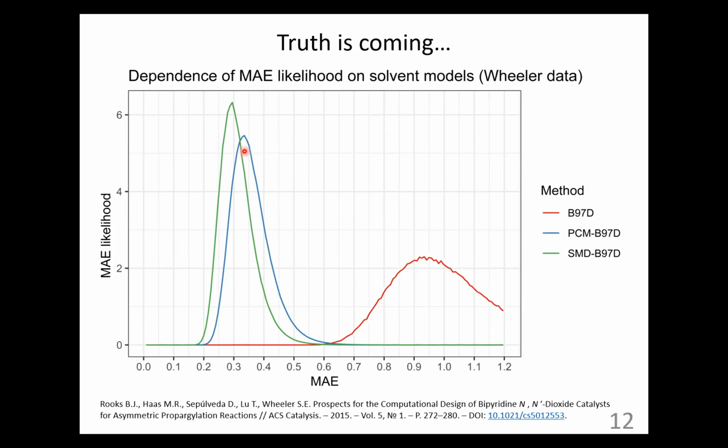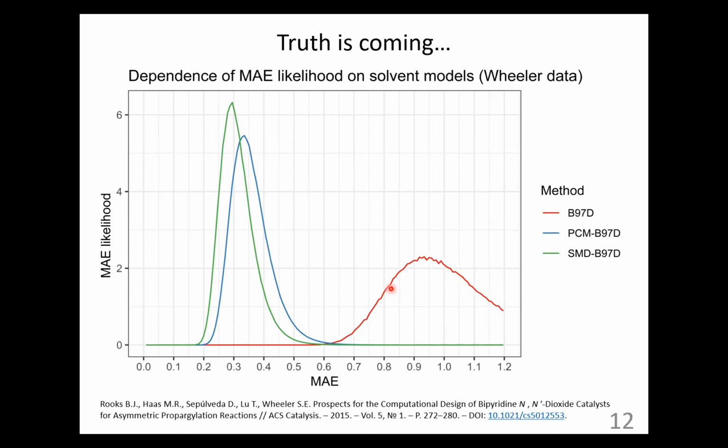These values are very close, and you can also note that these likelihood distributions are quite tall and thin, not wide. And when we consider the same functional but without a solvent model, we obtain a much larger mean absolute error, about 1 kilocalorie per mole, and it is much wider.